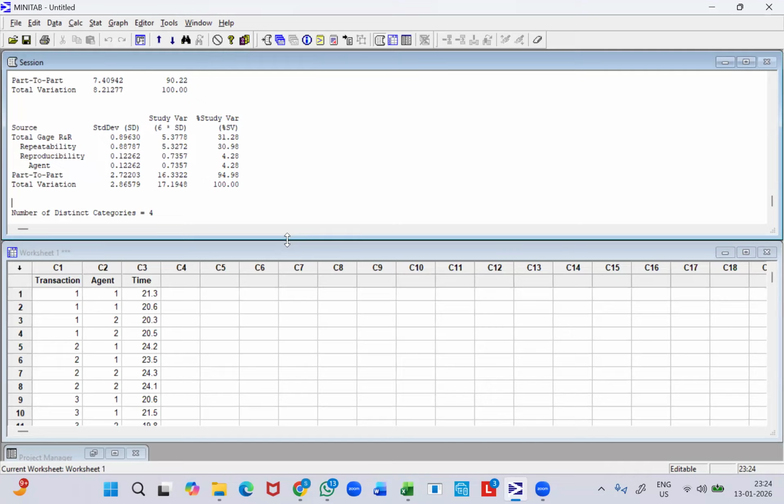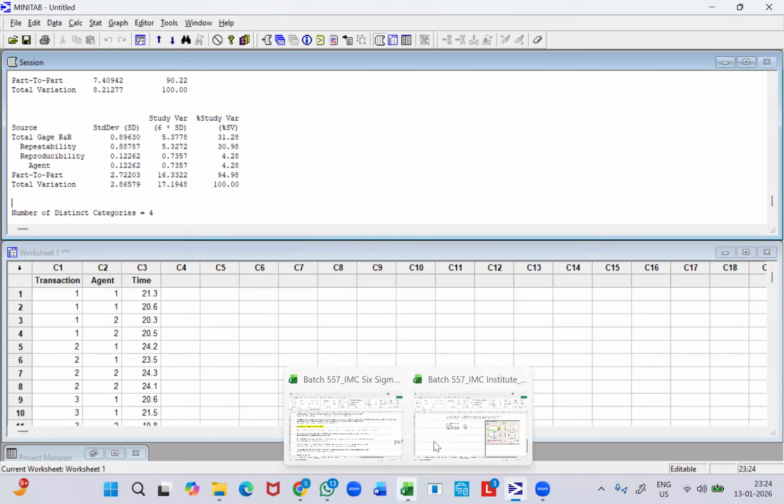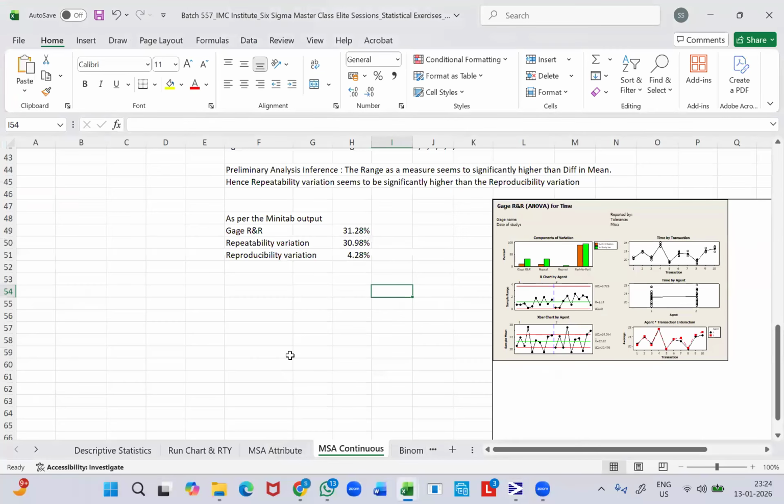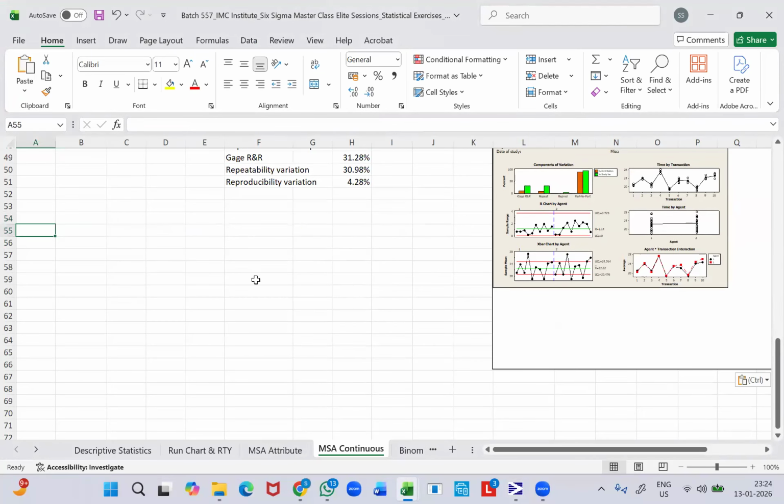The repeatability variation seems to be significantly higher than the reproducibility variation. So what can we infer through this? Since the repeatability variation is higher than the reproducibility variation, we need to infer that the problem lies with the measuring equipment, and we need to provide the measuring equipment for necessary calibration. So let me also provide that inference here.